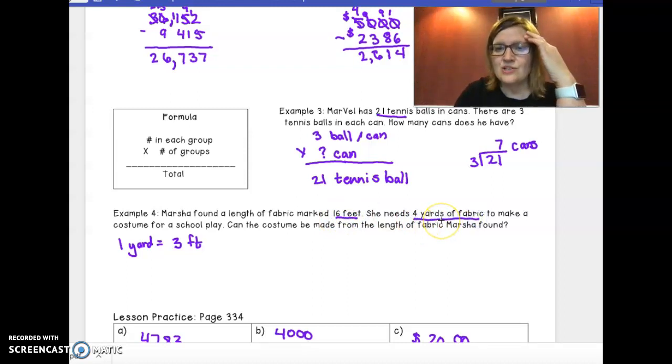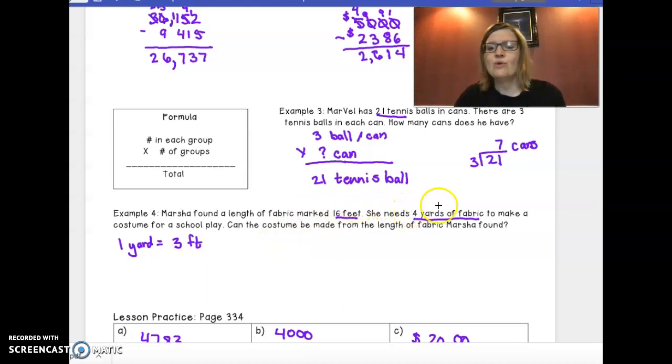So what do we need to do here? First off, we need to put the 16 feet into how many, we could do one of 2 things. We could say 16 feet is how many yards, or we could say 4 yards of fabric is how many feet. I personally would think this may be more straightforward.